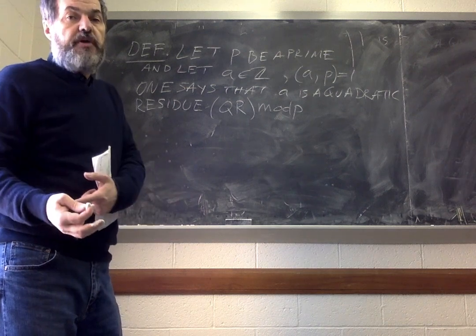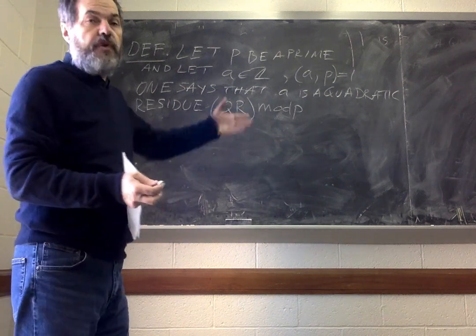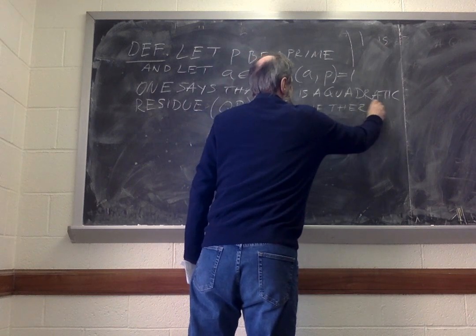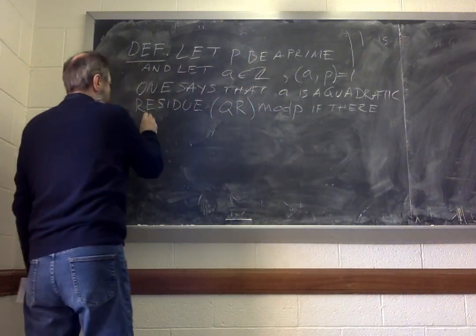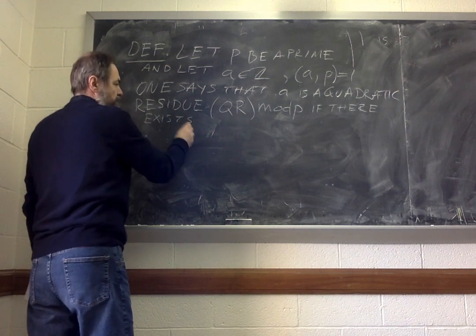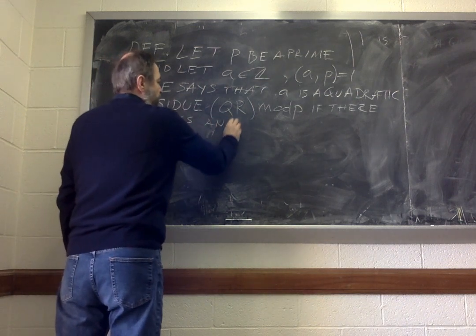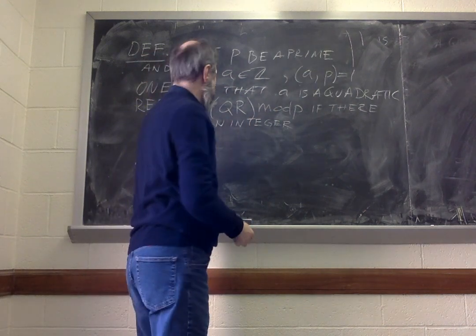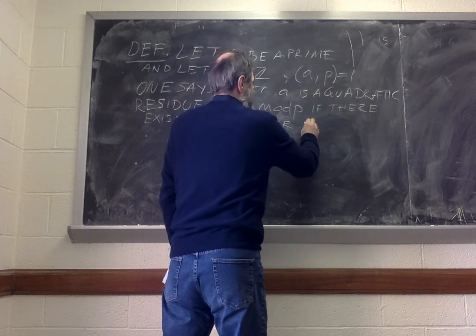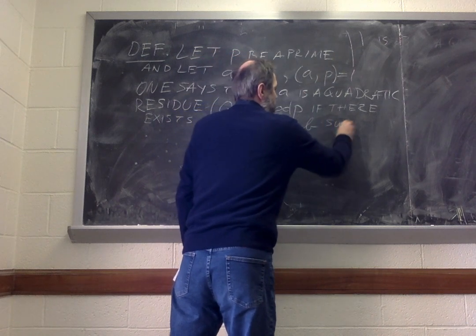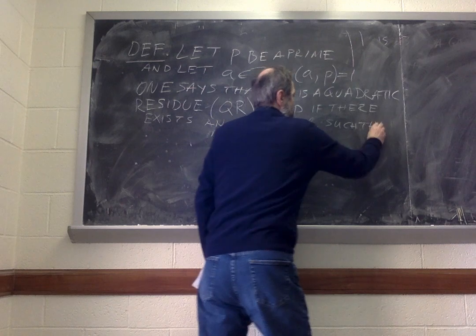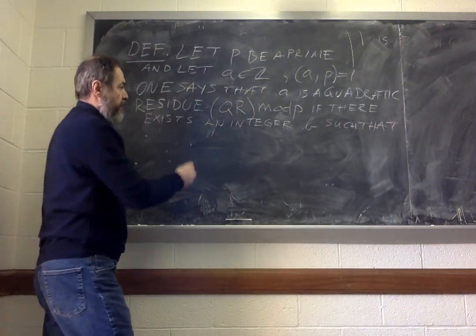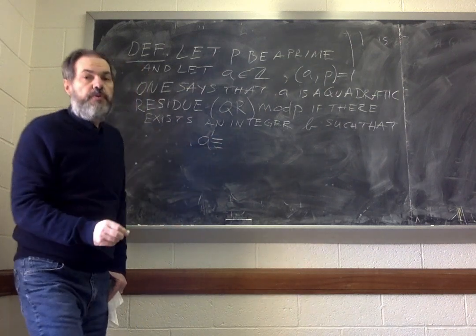So if there exists a square of an integer that's congruent to a. So if there exists an integer, let's say b, such that a is congruent to b squared.